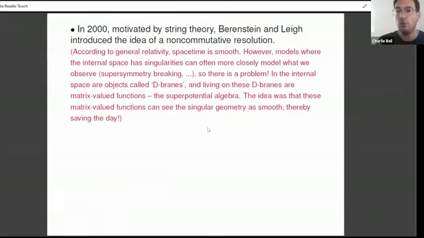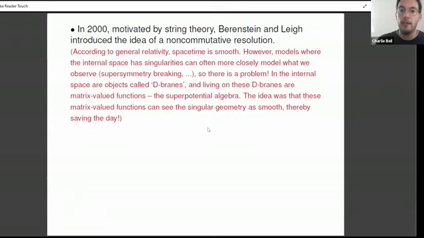However, models where the internal, extra, curled up dimensions have singularities, these extra 6 dimensions, can often more closely model what we observe. So for example, supersymmetry breaking can be accomplished by having singularities in this compactified space. So there's a problem because on the one hand, we want space-time to be smooth, but on the other hand, we want it to have singularities.